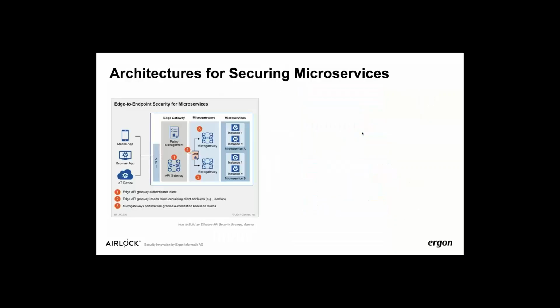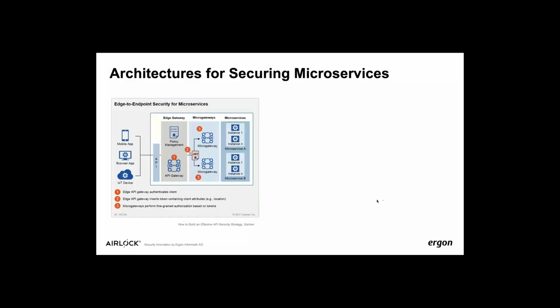So if we look into literature, how we should actually secure microservice architecture, there's some proposals, some blueprint architectures. One I found here is from Gartner, how to build an effective API security strategy. And what we see here is that there's not only this central gateway called Edge Gateway, but there's microgateways.